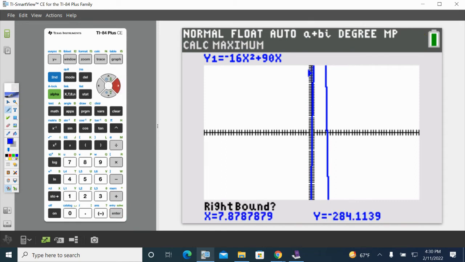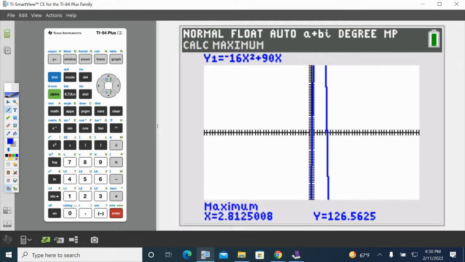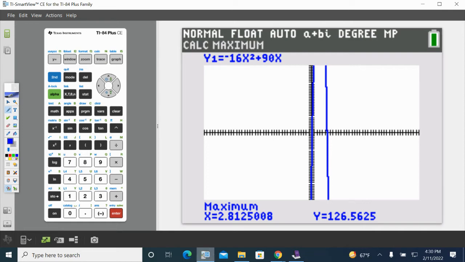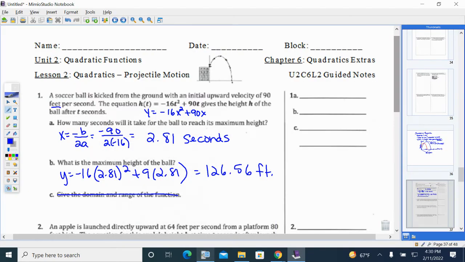What I need to do now is move the cursor to the right side of the parabola, which I've done. Hit enter one more time. And there's your maximum height. So 2.81 seconds, it is 126.56 feet in the air. So the calculator, by finding the maximum value, gives you that time and that height pretty quick.